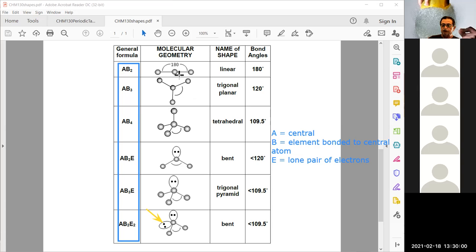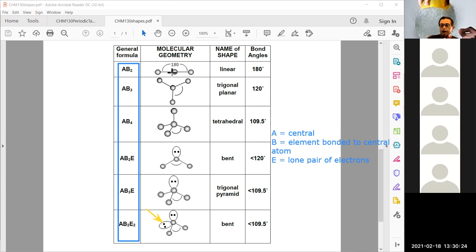In this case, we have a central atom and 2 atoms bonded to it, with a 180-degree bond angle between the B's, the 2 items bonded to the central atom. That shape we call linear, and there's the bond angle.